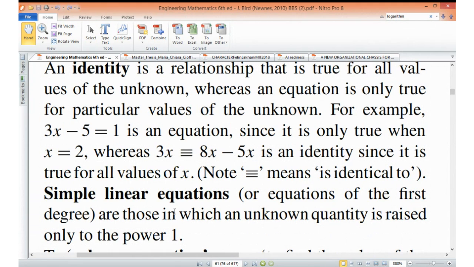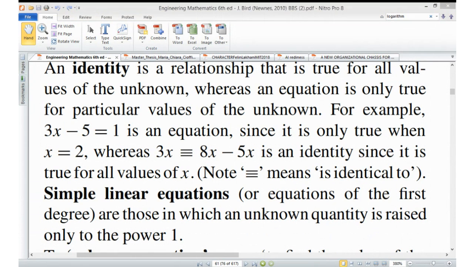And I was talking about a concept here called degree. We classify our equations in terms of the degree, which we call the degree or the order of the equations.